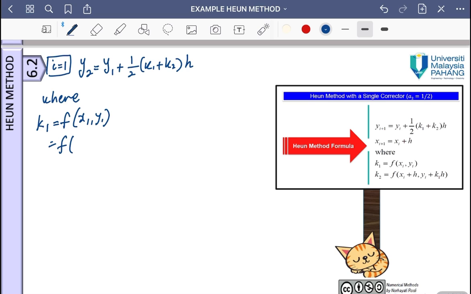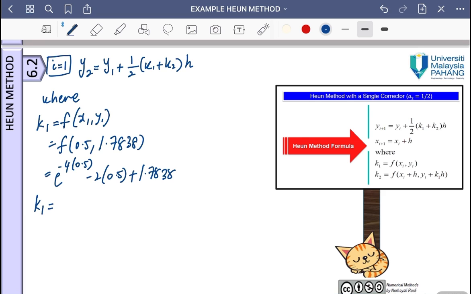Now x1 is 0.5, and y1 from the previous calculation is 1.7838. Substituting into the equation, exponent negative 4 times 0.5, minus 2 times 0.5, plus 1.7838, you obtain K1 equal to 0.9191.